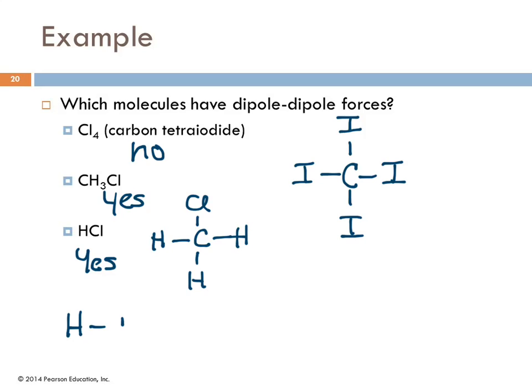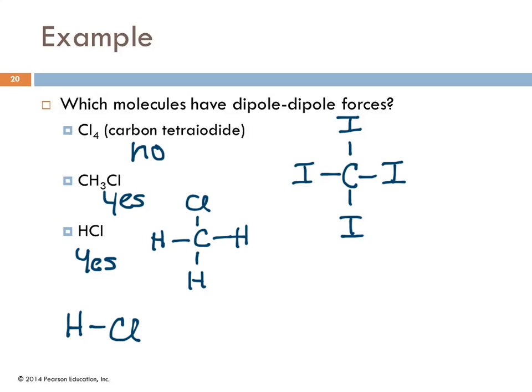Okay. So here's hydrogen, there's an illustration of this bond. Because there's only two atoms, if the bond is polar, the molecule is polar. And so the best way to determine it is to look up the electronegativity values of hydrogen and of chlorine and see how different they are. For the purposes of questions like this, we can just go with, well, are they the same? If they're the same, it's nonpolar.